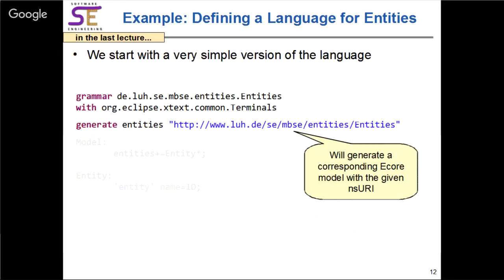So we say generate an entities model, a model called entities, and this is the namespace URI, which is Eclipse Modeling Framework specific. Meta models always have to have a unique namespace URI, and this will be set.